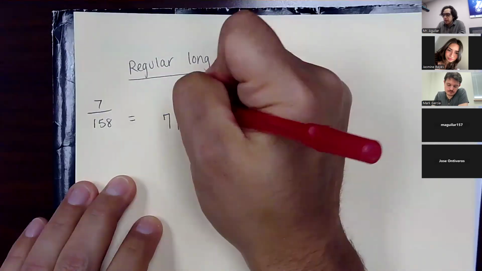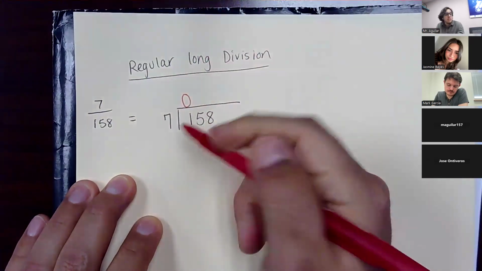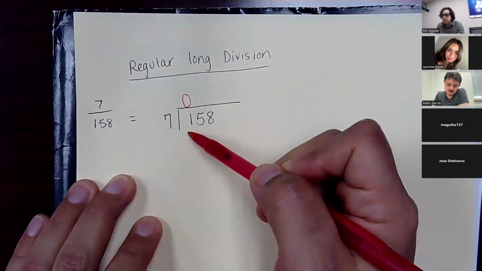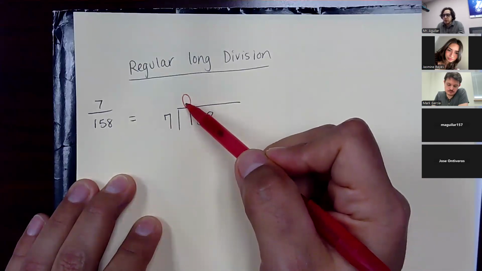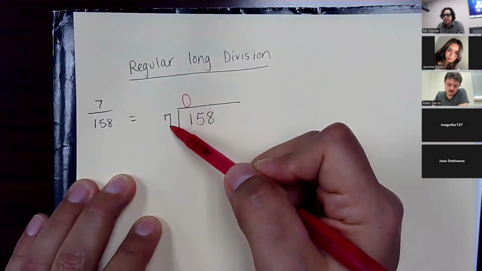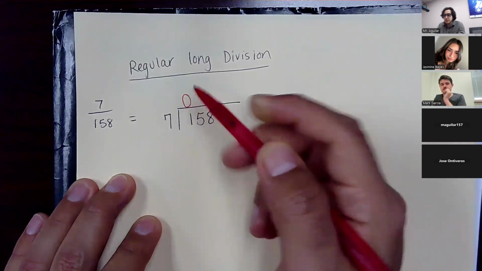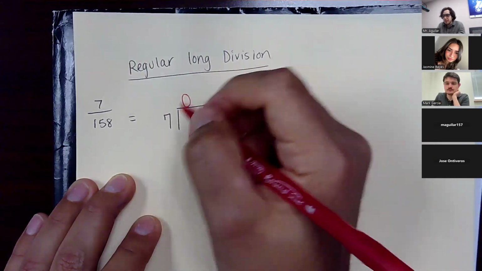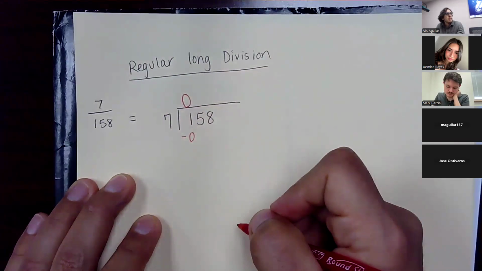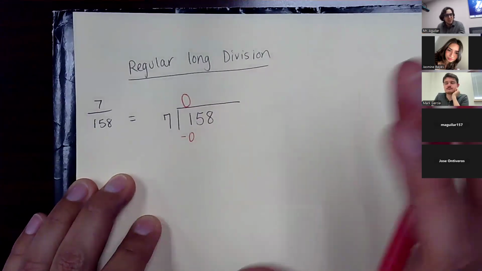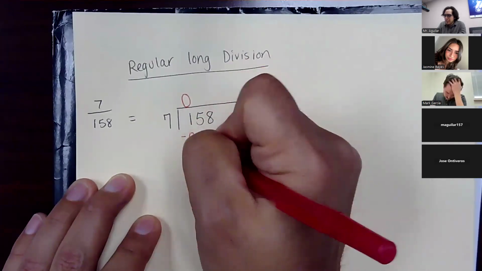I never liked leaving a blank, so I say it goes in 0 times, because 7 is too big to go into a 1 evenly. Then 0 times 7 is 0, so you would put the 0 here and subtract it. The zeros we usually skip, and just move on to the next thing, but I'm just showing it for convenience's sake.